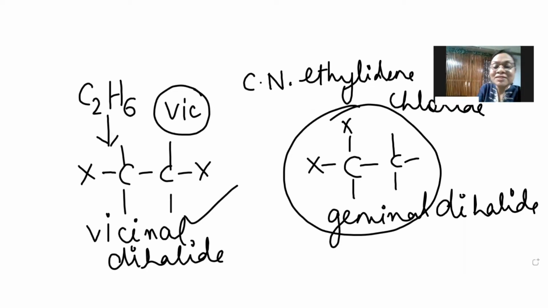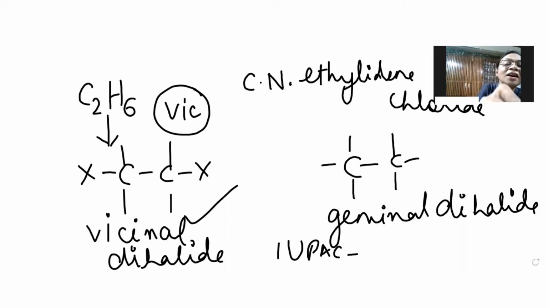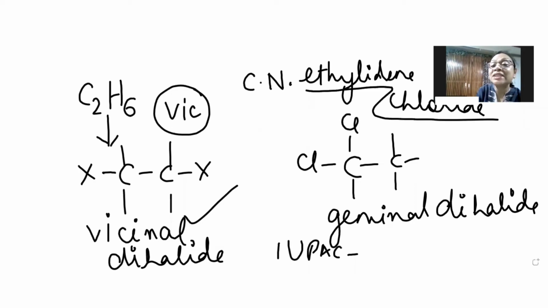Simultaneously, let me discuss the IUPAC name. Things would get covered simultaneously since you have all got used to the common names and the IUPAC names. In this case, if the halogen is chlorine, as I've written this as ethylidene dichloride, the numbering would be this way.